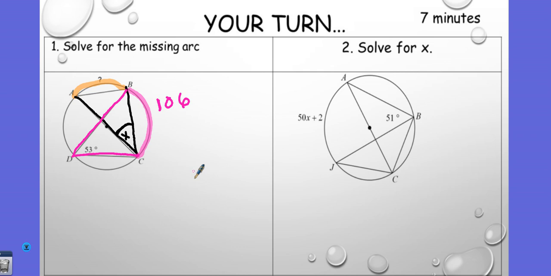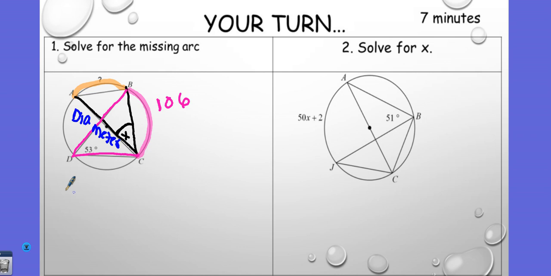Okay, so now we're going to look at what is the relationship between this pink arc and this orange arc right here. Well, if you notice, AC has a name. It is called a diameter. This is a diameter right here with AC. So if that's a diameter, that means arc AB plus arc BC should be 180 degrees.